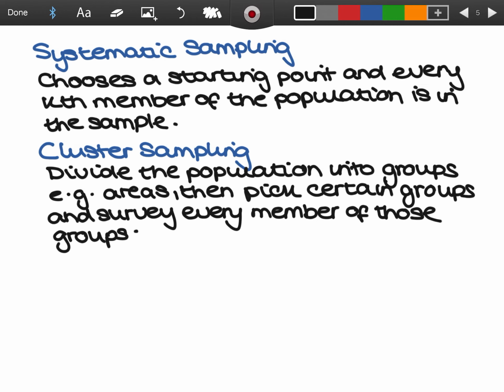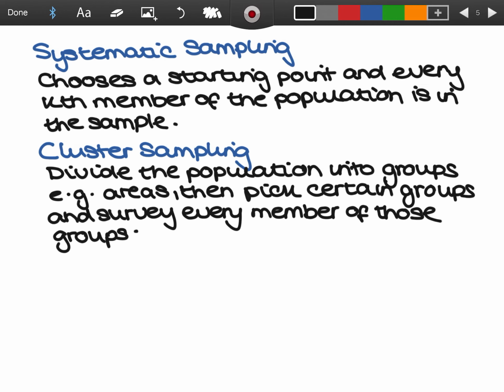So whether they looked at states in America or provinces elsewhere, all they did was divide the whole world into areas, and then they just chose, let's say, 10 of those areas. So it could be 10 states in America. And they just surveyed those McDonald's in those states, but they surveyed every McDonald's in those areas or those states.